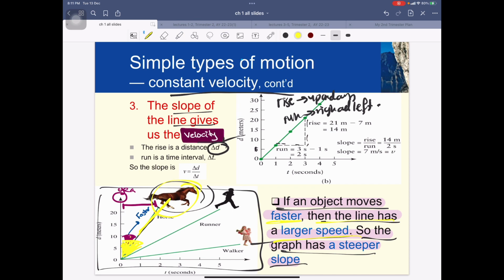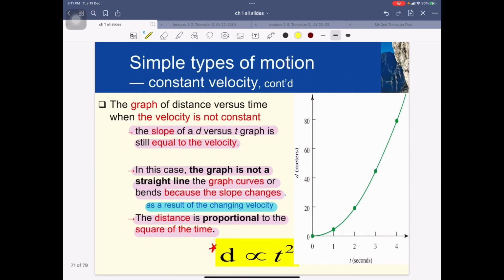The steeper the slope كيف؟ أصغر angle من ال y axis لللاين نفسه.